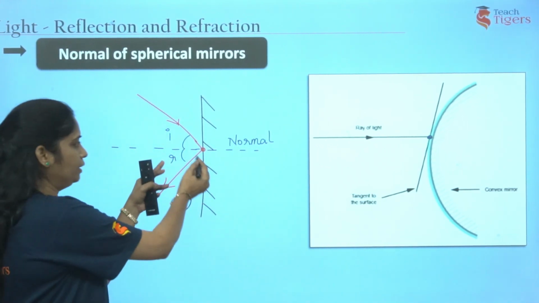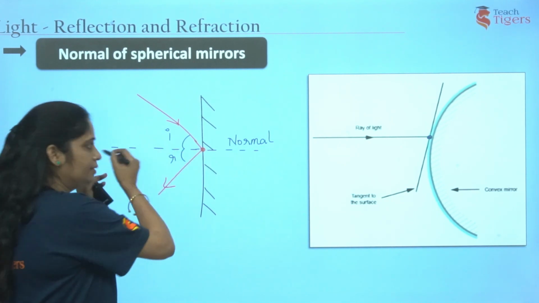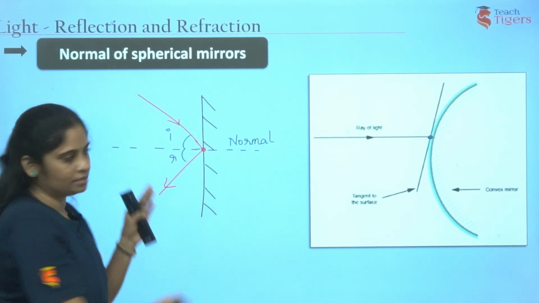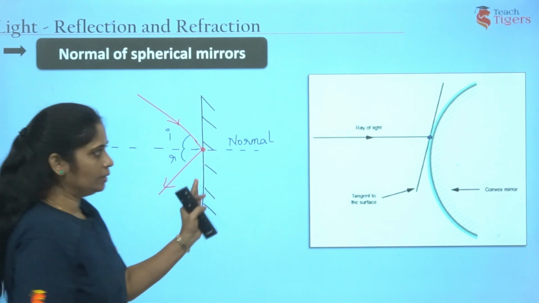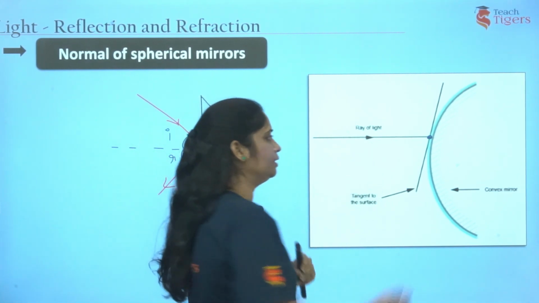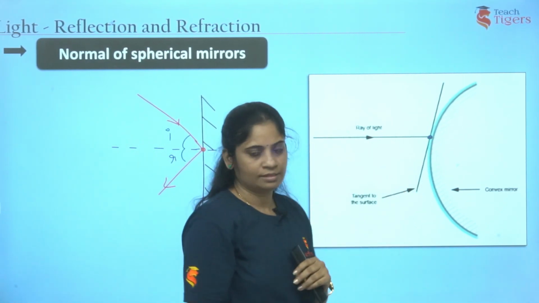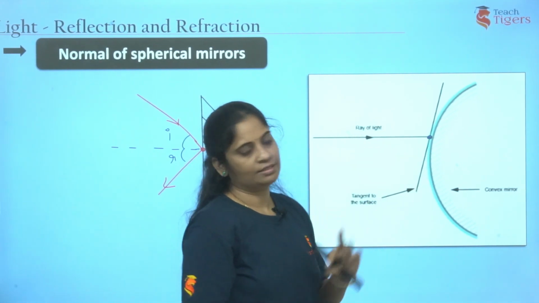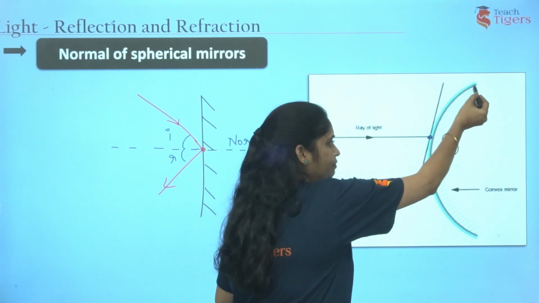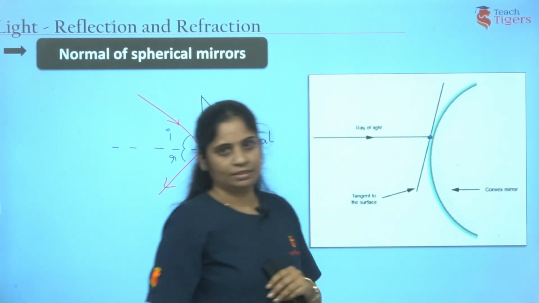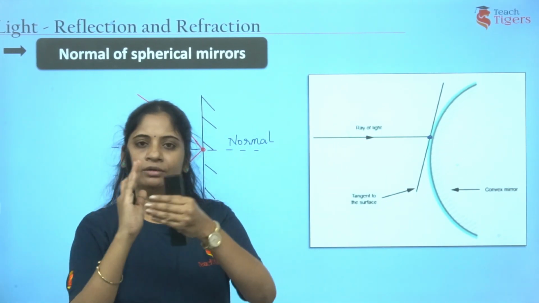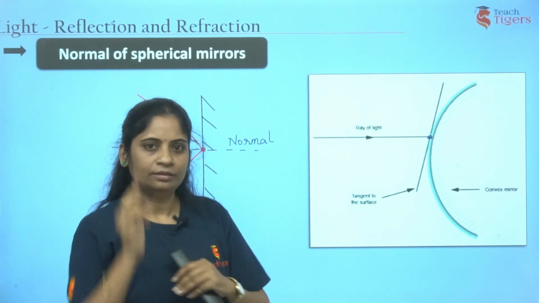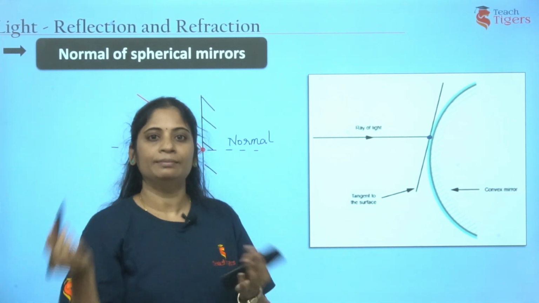At the point of incidence, perpendicular to the reflecting surface, we draw the normal. But here the reflecting surface is curved. For a straight line, you can draw a perpendicular easily, but for a curved line, how do we draw a perpendicular?